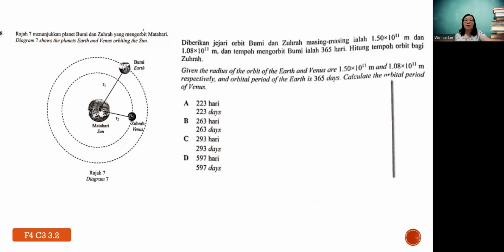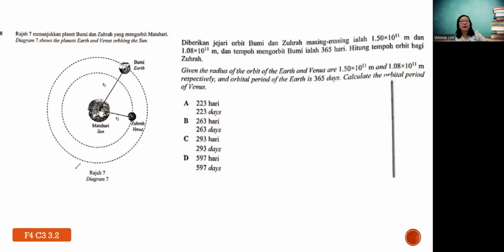Okay, so this is under the topic of gravitation, on Kepler's laws. Kepler had 3 laws: first, second, and third. First is regarding the shape of the orbit, which is supposed to be an ellipse. Number 2 is the equal area, equal time concept.